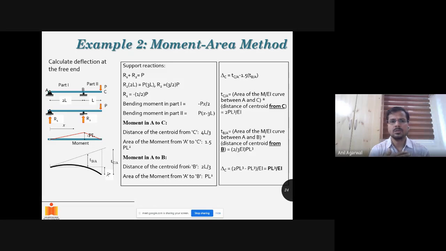So can somebody quickly tell me what is moment area method? You guys have written GATE, I suppose, very recently, so you should know. Anybody? Moment area method.